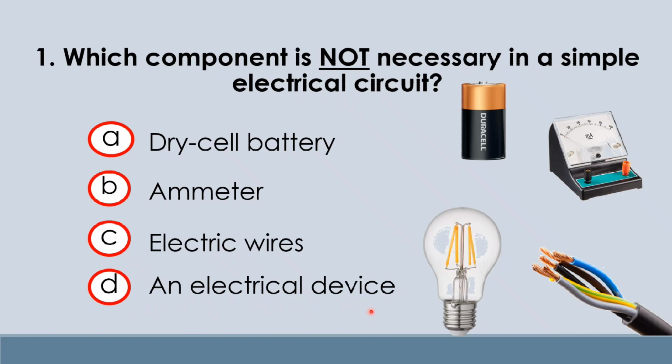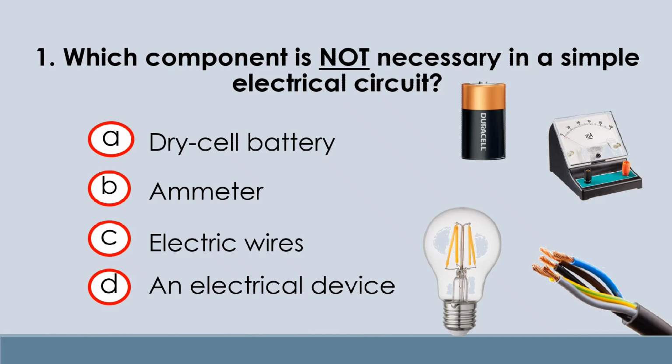An example of an electrical device, I choose the bulb, since this is the main device that we use in the entire lesson. So again, the question is, which component is not important or not necessary in a simple electrical circuit? Is it the dry cell, ammeter, electric wires, or an electrical device?